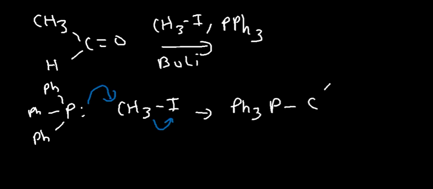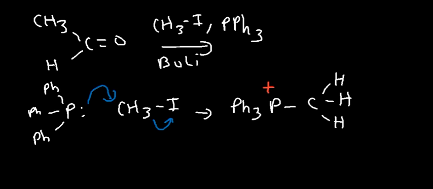So now what we have is this. Whenever phosphorus has 4 bonds, it has a positive formal charge, very similar to nitrogen. Phosphorus is right below nitrogen in the periodic table. So nitrogen and phosphorus are chemically similar.